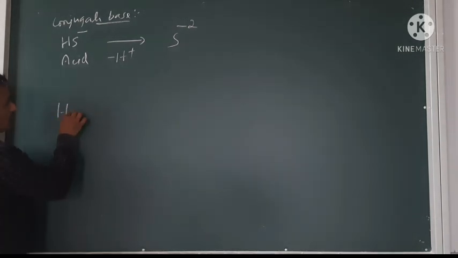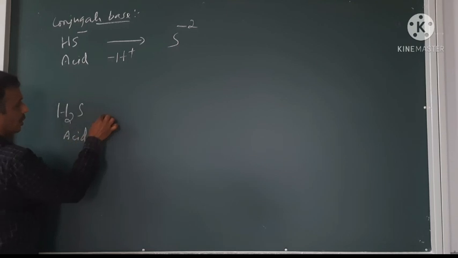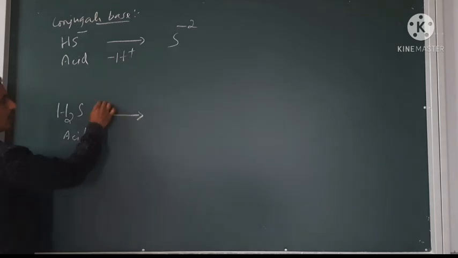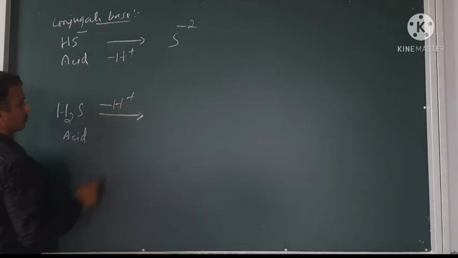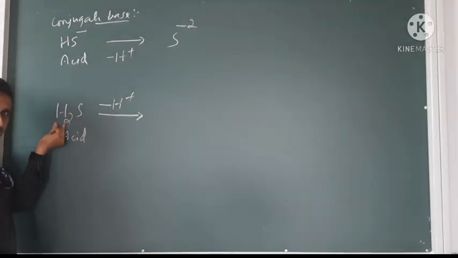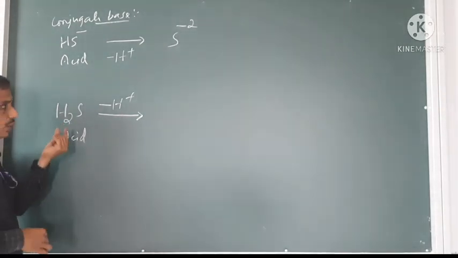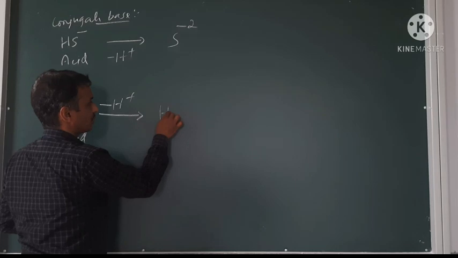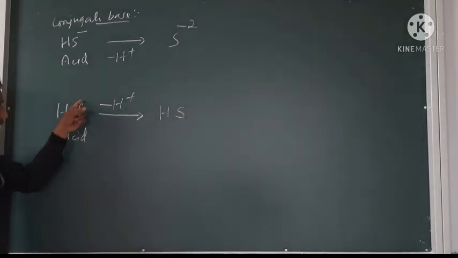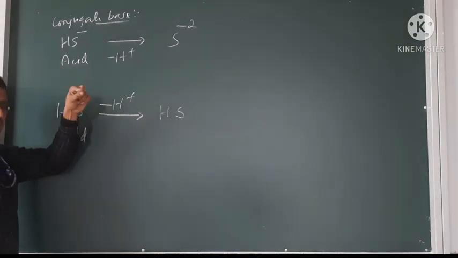Now, H2S is an acid. Write its conjugate base. Remove one H plus. There are two H. Now it becomes only one H. One H is removed. No charge here, minus plus 1 is minus 1.